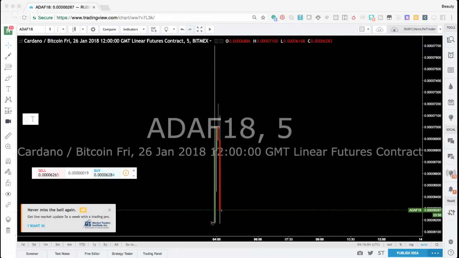BitMEX wishes you a happy new year with a $100,000 giveaway. And it's all Cardano related. And interesting. Okay, so that it's on the blog. Definitely is.